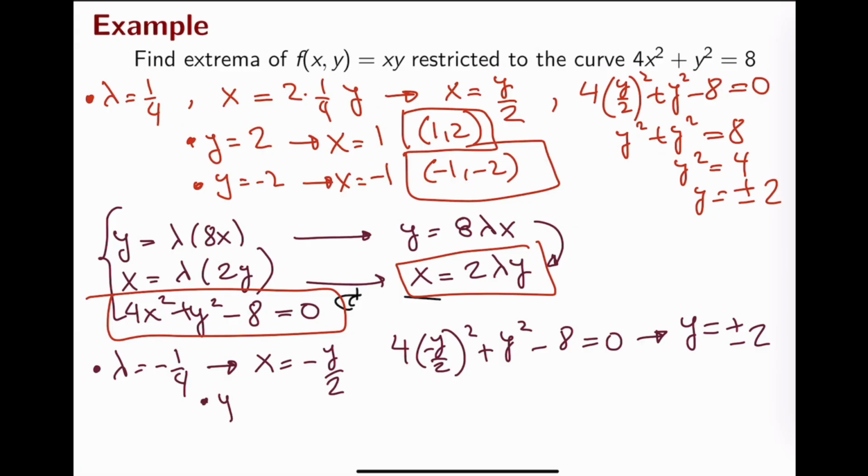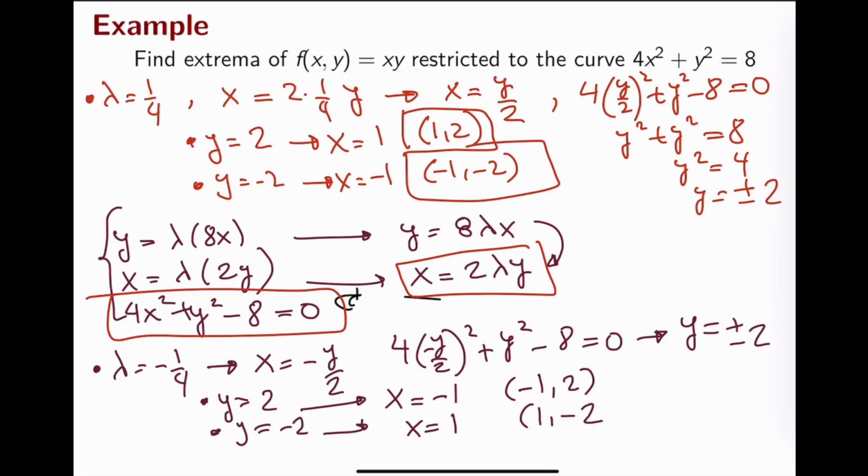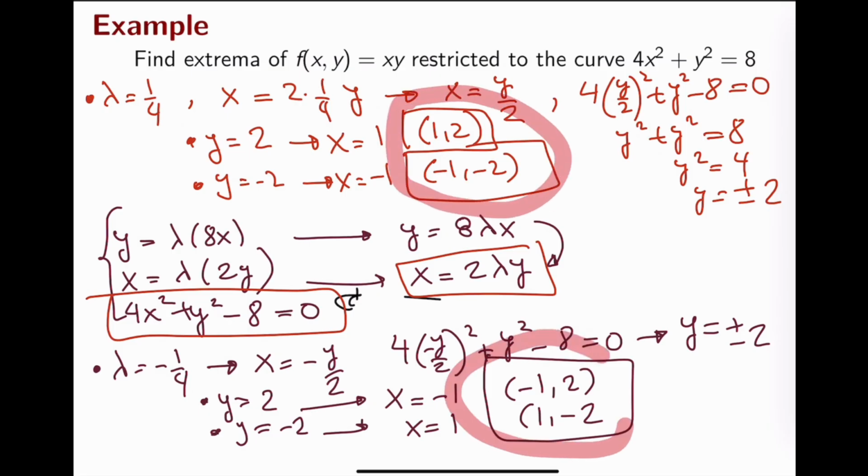So when y is equal to 2, we get that x is equal to minus 1, and we get the next of the points, that will be (minus 1, 2). And then when y is equal to minus 2, we get that x is equal to 1, and we get then the fourth point. So we have now these two other points to add to our list. So this completes the list of the candidates. Now the list of the candidates is going to be these 2 points and these 2 points.